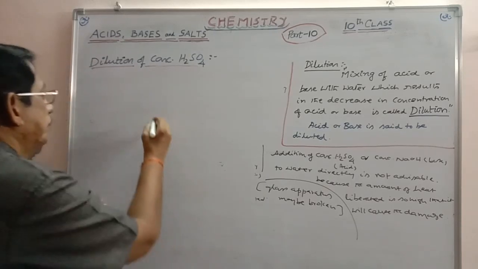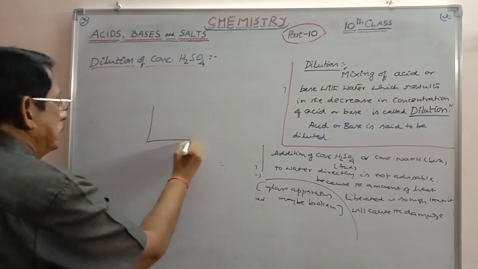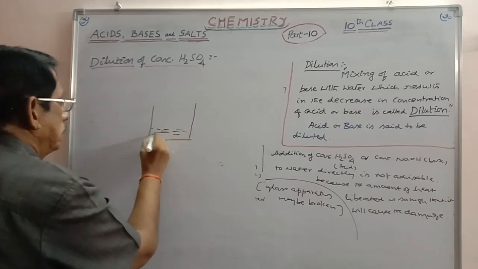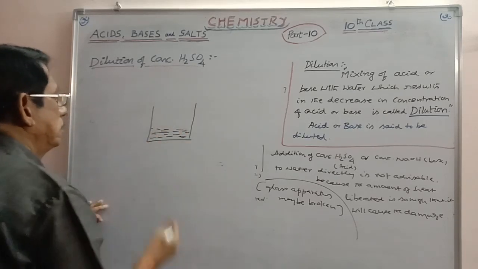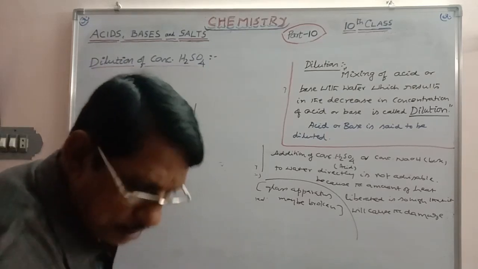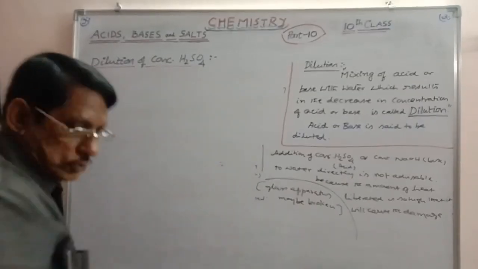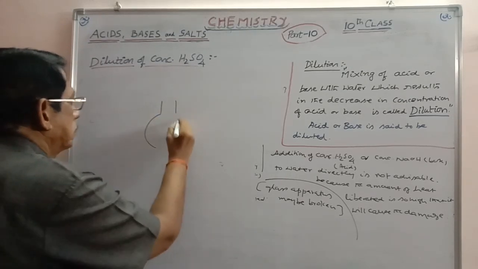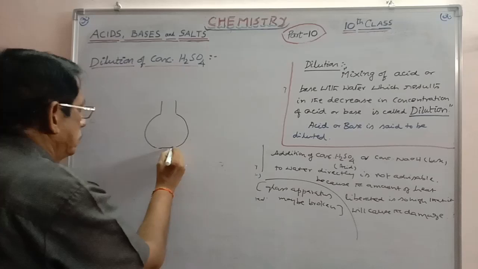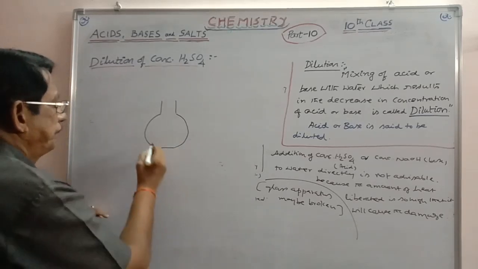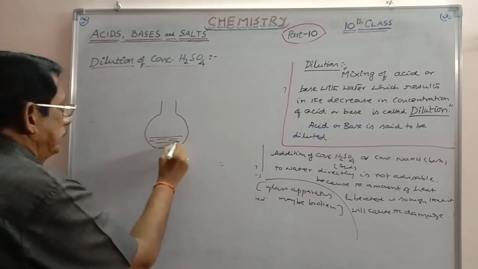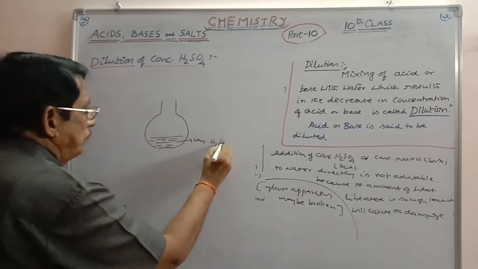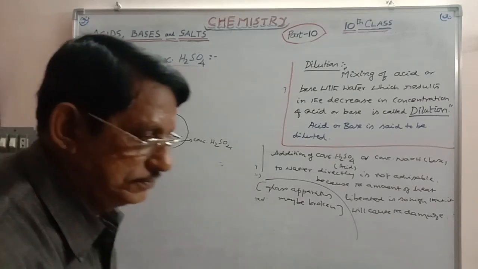First of all, you have to take a flask, or otherwise you can take a round bottom flask like this. This is the round bottom flask. I am taking concentrated sulfuric acid here. First of all, you have to take the concentrated sulfuric acid.